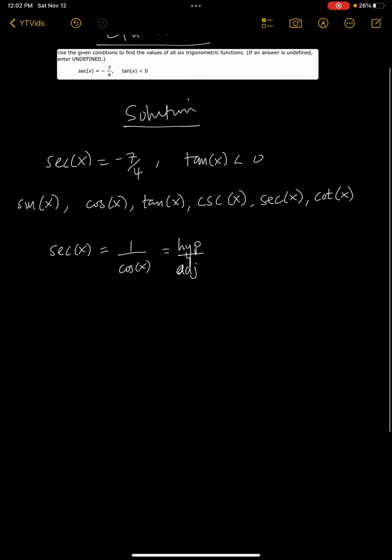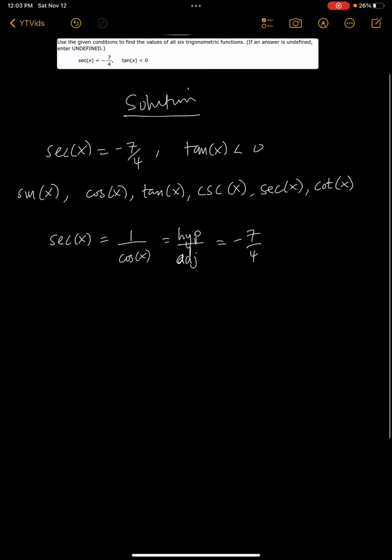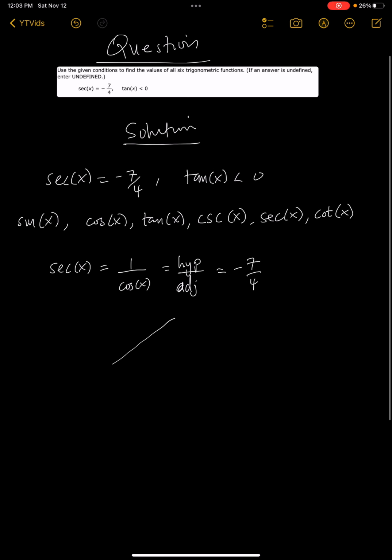So this equals -7/4, but we have a negative in front. We don't know at this point whether the hypotenuse or the adjacent is negative. But we can ignore the negative, and use the hypotenuse and adjacent sides to find the opposite side, because this relates to a right angle triangle.